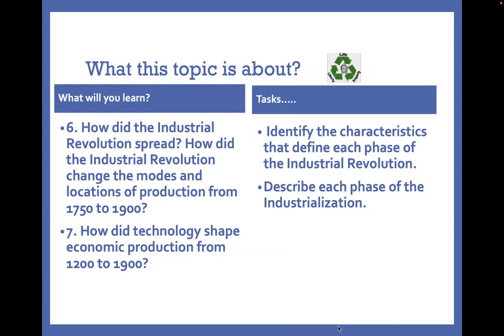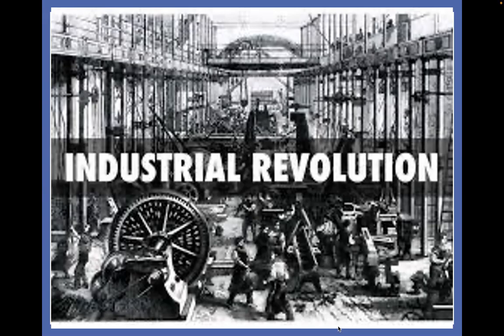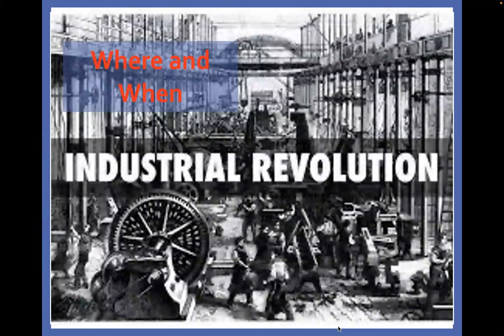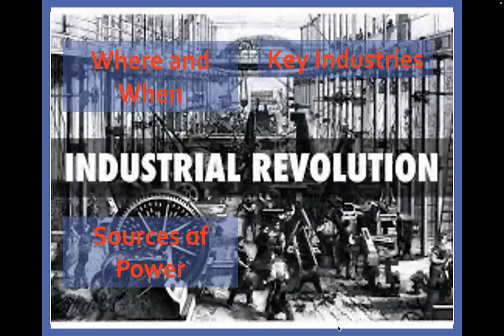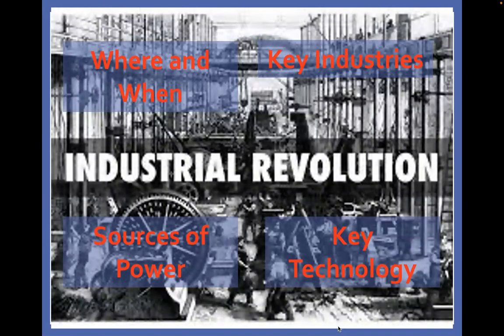So as you take notes, describe the phase in terms of who and where, when, main industries, main power sources and resources, and then finally key technology. Because we're building up to really take a look at the big picture and see what the effect of the Industrial Revolution is. Remember that our notes should be framed by where and when, key industries, sources of power, and key technology.